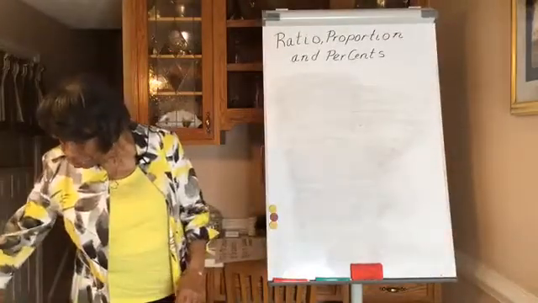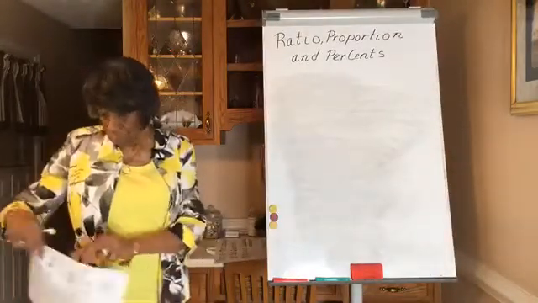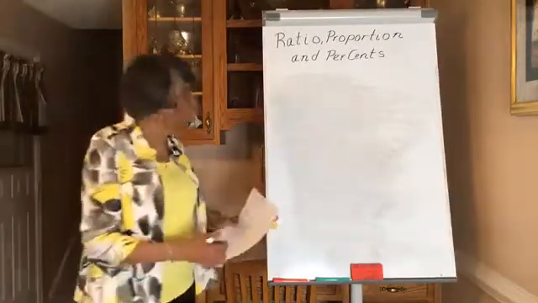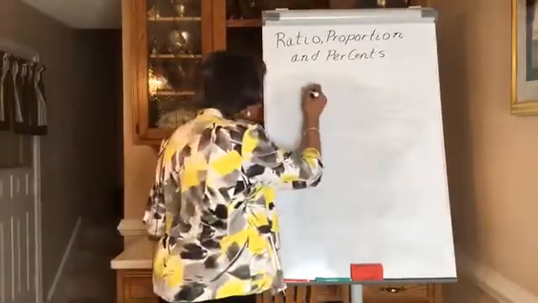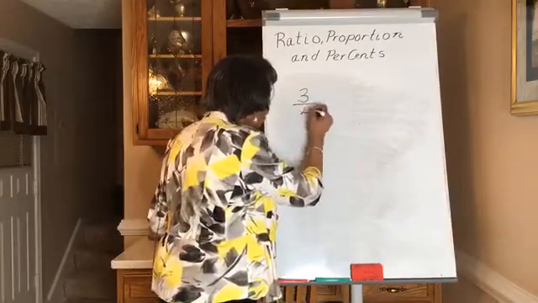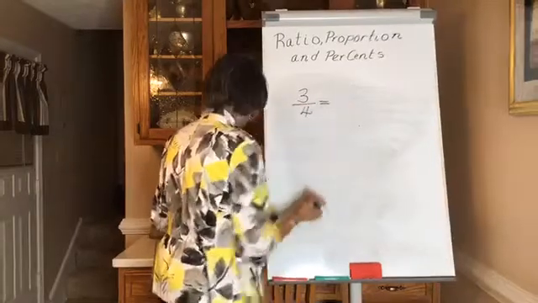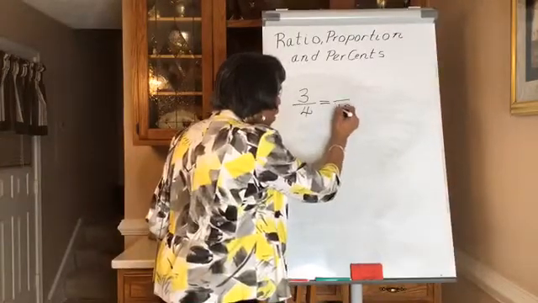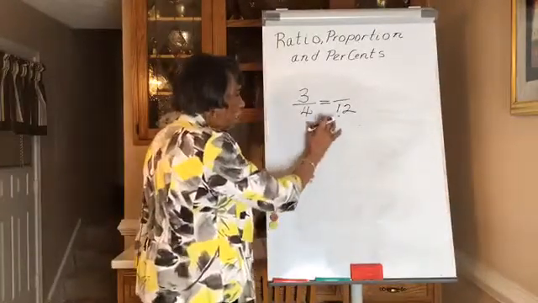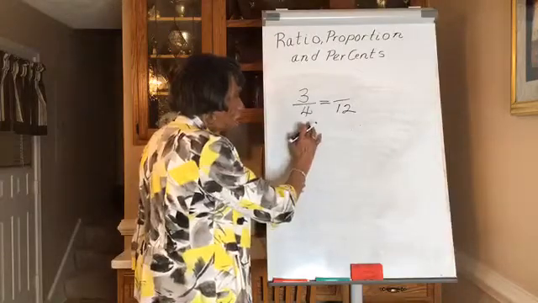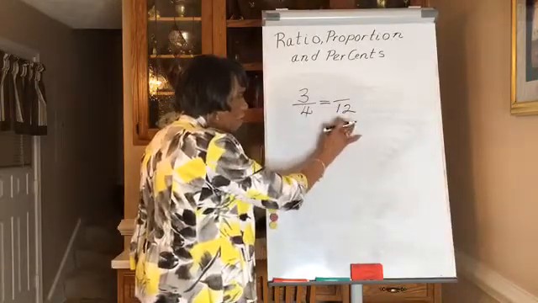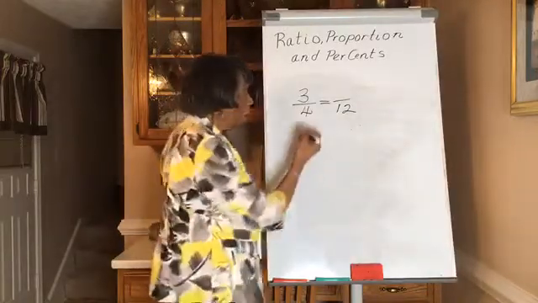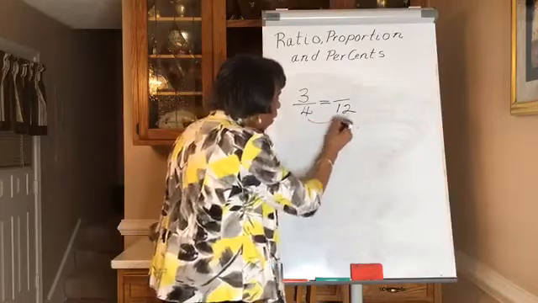All right, so let's see how that works. Suppose we had 3/4 equals, and we have a 12 here. In order for this to be a proportion, the first fraction and the second fraction must be equal in value.